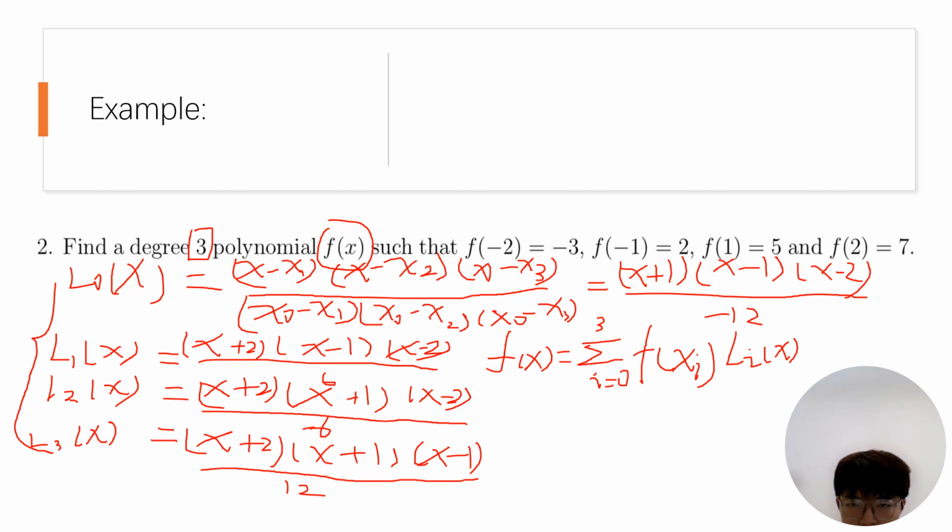So we put these into this formula, and we get f(x).